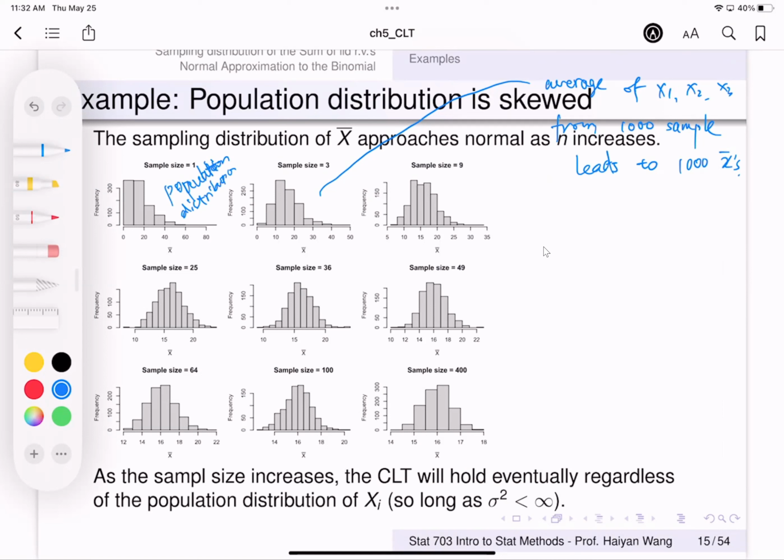This one is a little bit more centered than with sample size of 3.